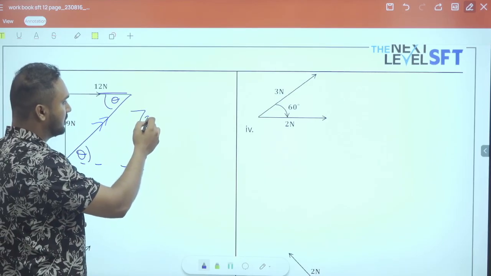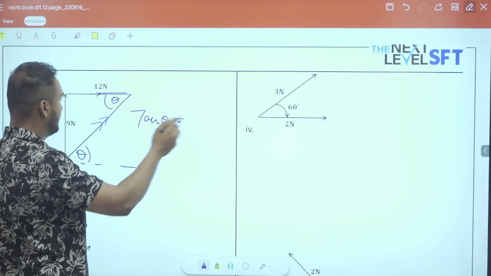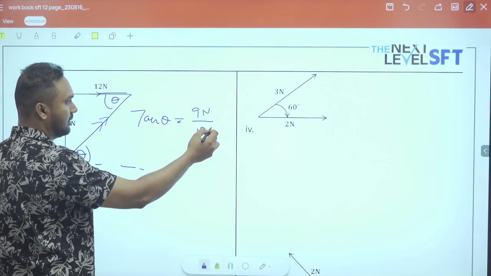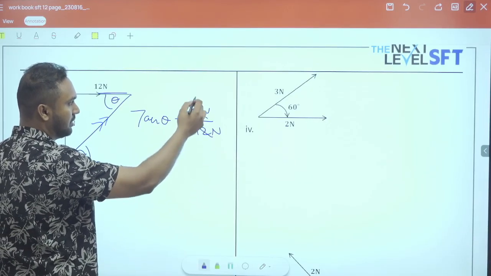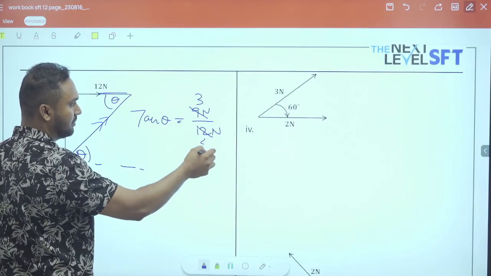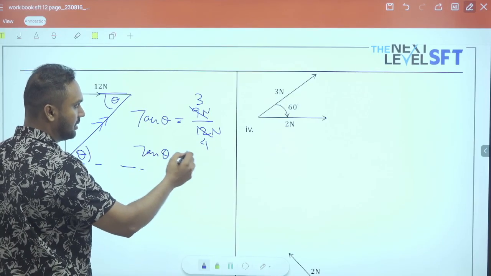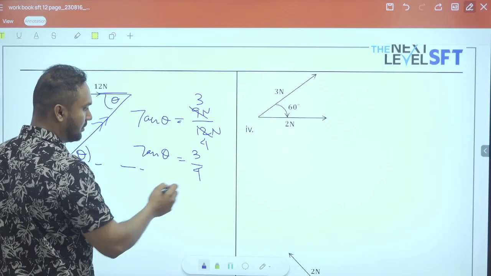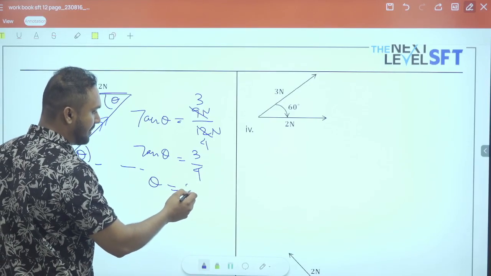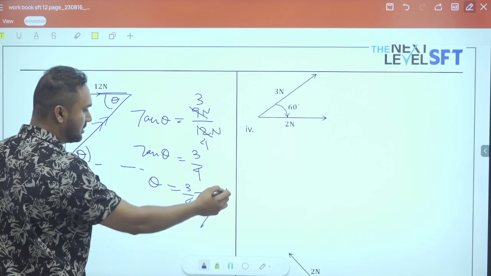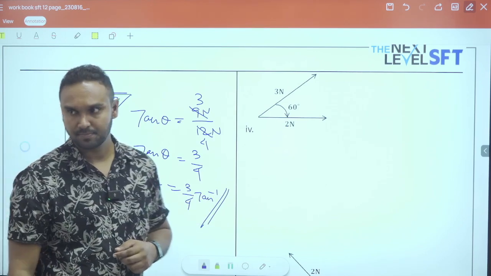Now tan theta equals opposite 9 newtons over adjacent 12 newtons. So that is again tan theta equals 3 over 4, and theta should be equal to tan inverse of 3 over 4. Got it?